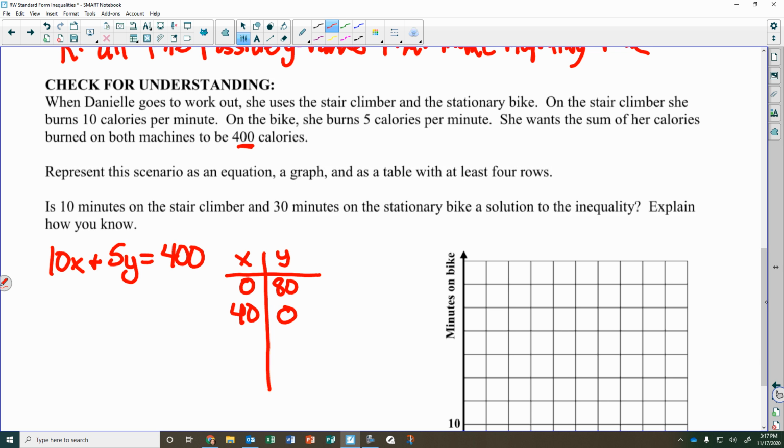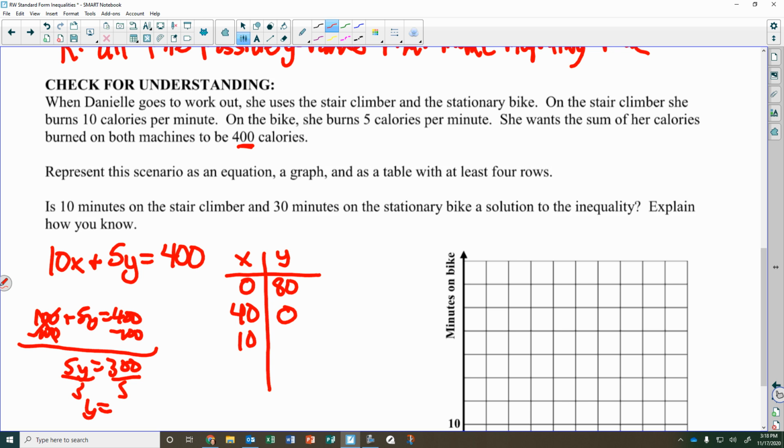And then, let's put a 10 in for x. 10 times 10 is 100. If I subtract 100 to both sides, 5y equals 300. Divide by 5, y is 60. So there's another one.